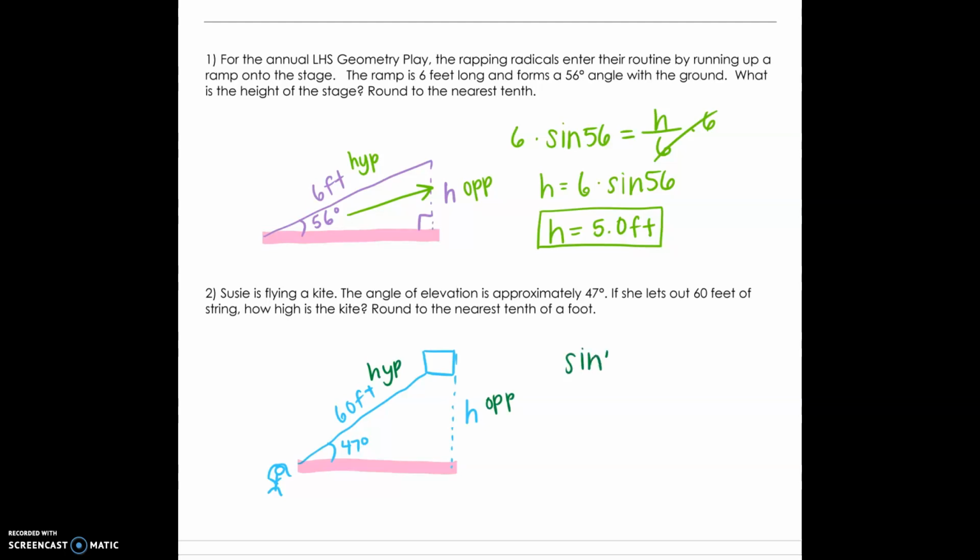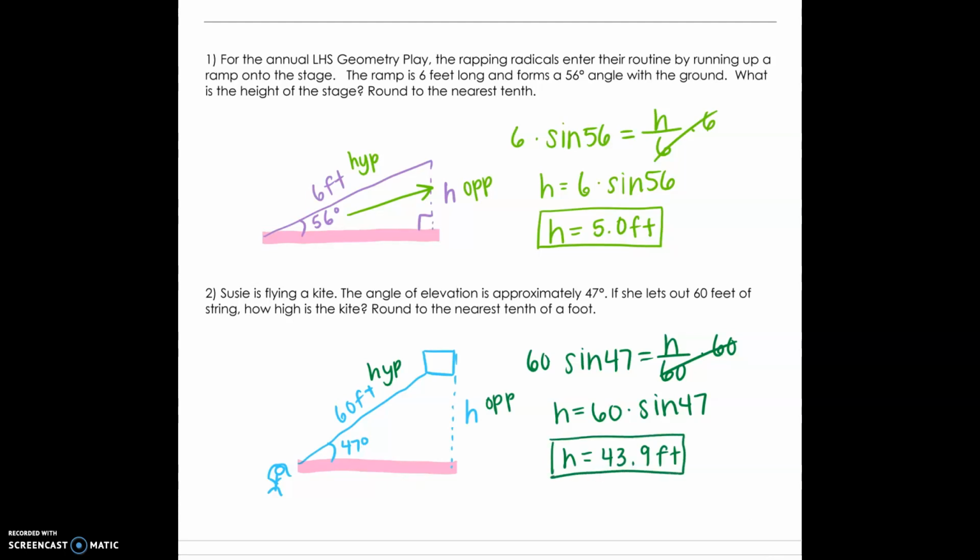We have sine of 47 equals H over 60. We're going to multiply by 60 on both sides. So we have H equals 60 times sine of 47. We're going to plug that into our calculator. 60 times sine of 47 is about 43.9 feet. Remember, units are very important in word problems. Make sure to include feet in your answer.